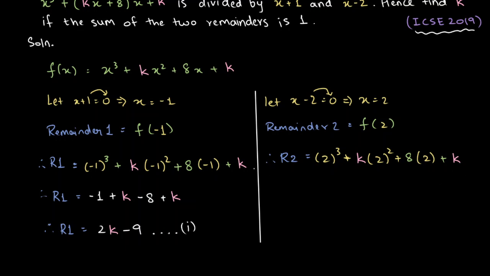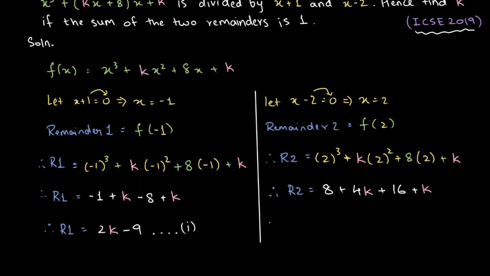Right, now let's simplify this expression a little. Therefore r2 is equal to 2 cube, right? That 2 cube is basically 8, plus k into 2 square, which is 4k, so 4k, plus 8 into 2, which is 16, and plus k at the end again, plus k.